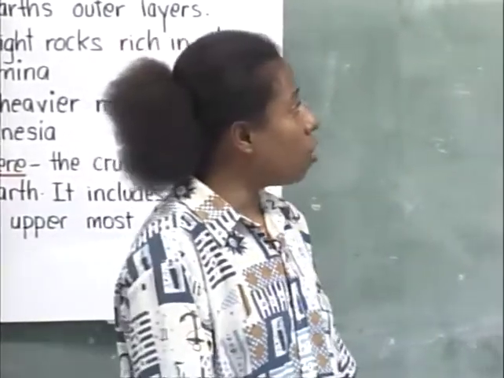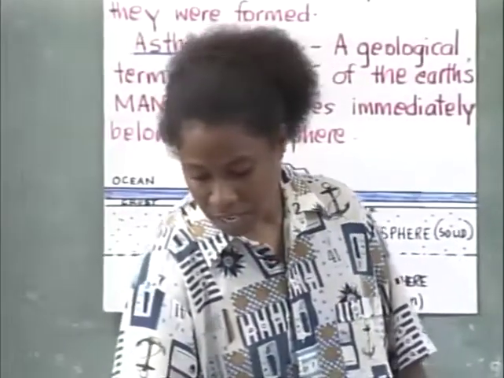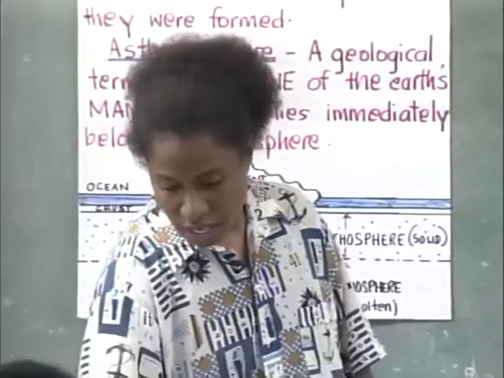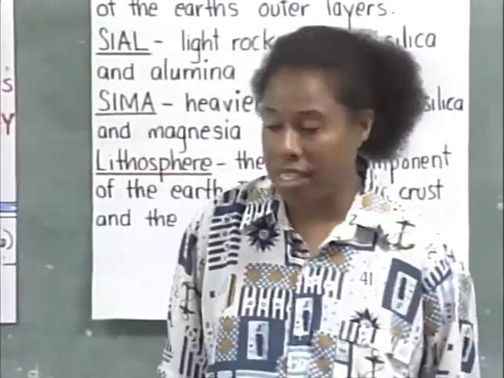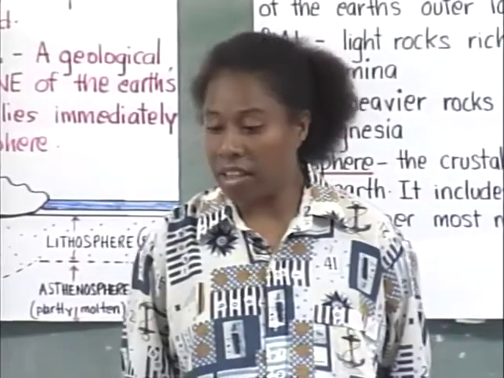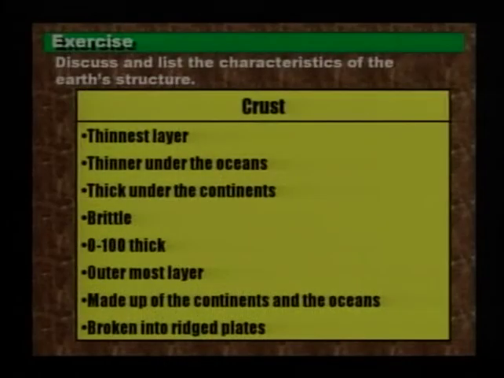So if we have to recall and revise what we have done already with the information on the crust, you would have found out that we made a list of the following characteristics for the crust. We said that the crust was the thinnest layer. You also mentioned that the crust was thinner under the oceans. It was thick under the continents.